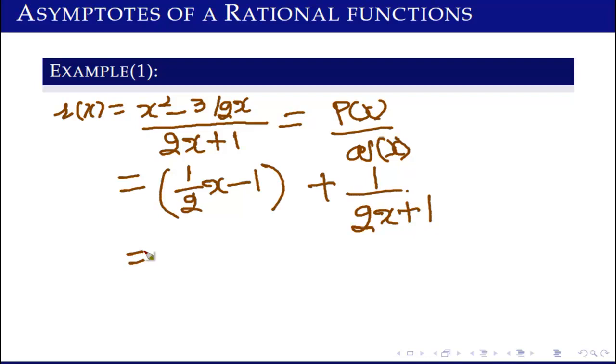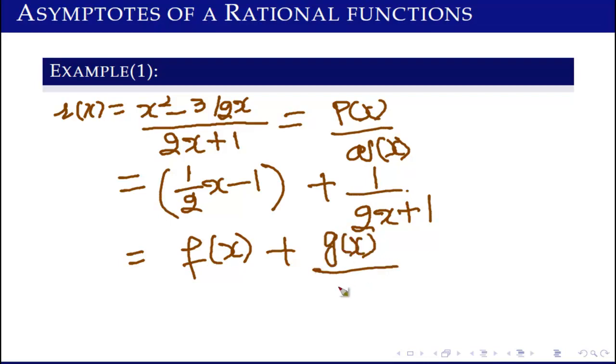If we keep in mind the theoretical background that we have discussed, then 1 over 2x minus 1 is our f of x, 1 is our g of x, and 2x plus 1 is our q of x.